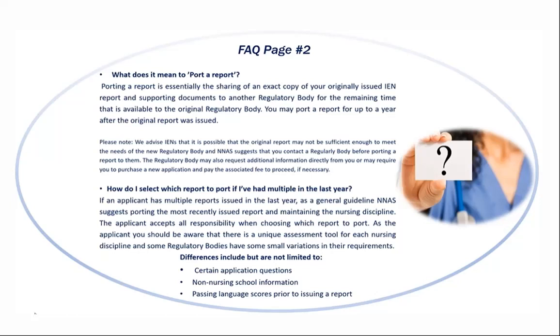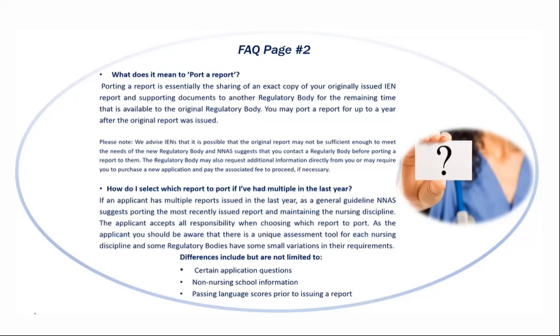So how do you select which report you'd like to port if you've had multiple reports issued in the last year? As a general guideline, NNAS suggests porting the most recently issued report and maintaining that same nursing discipline. The most recently issued report is probably going to have the most up-to-date information.